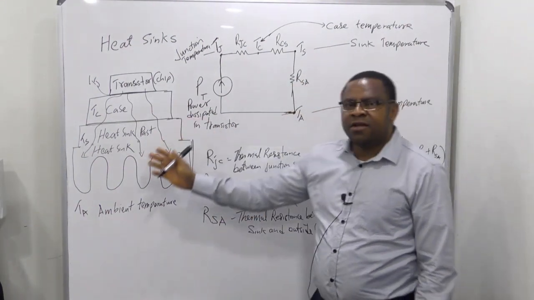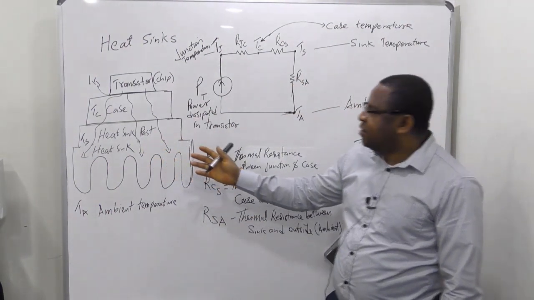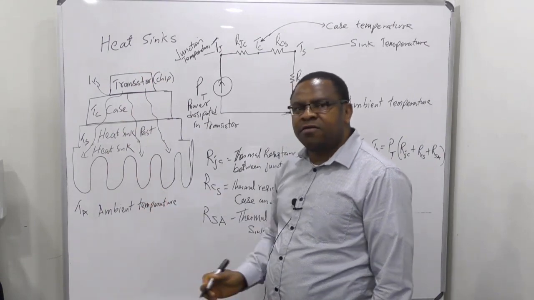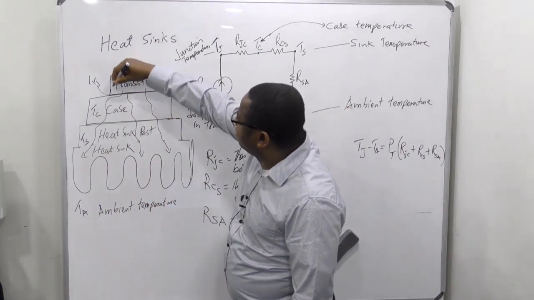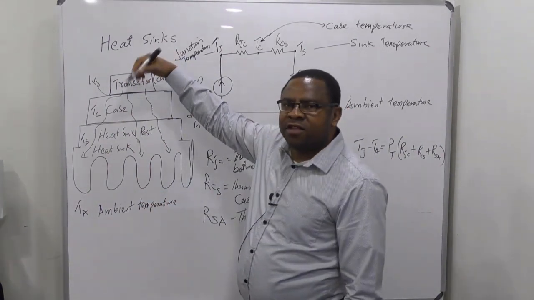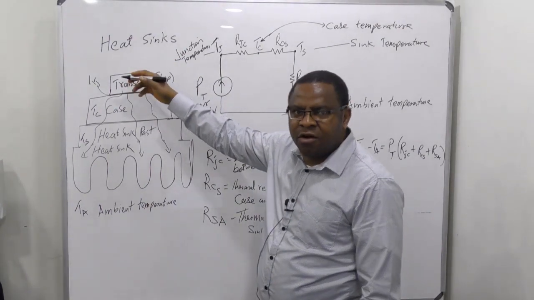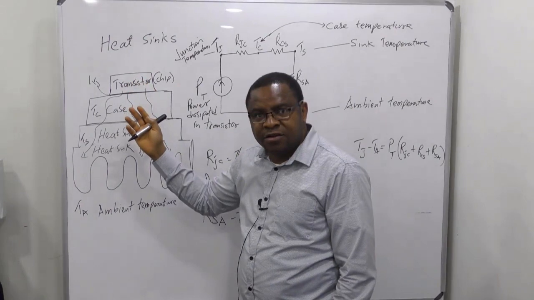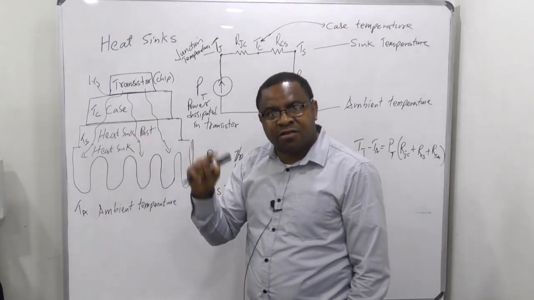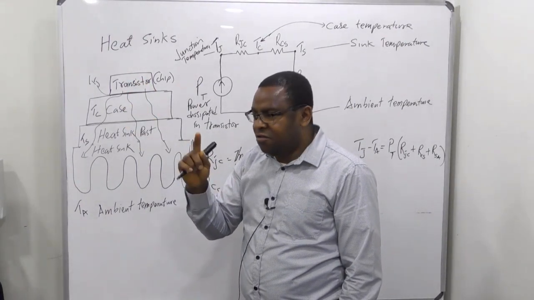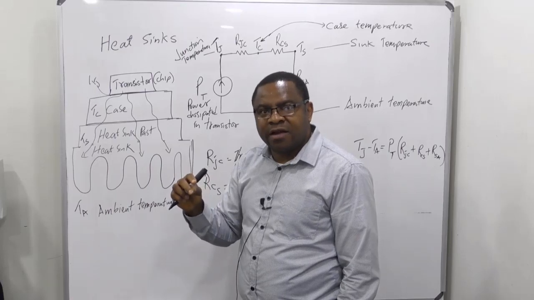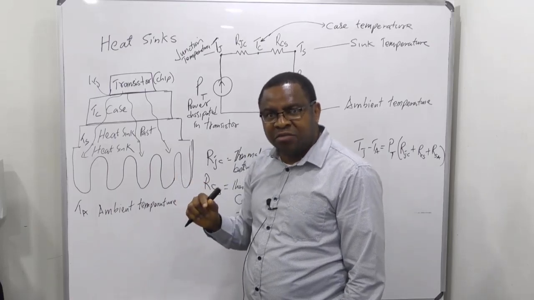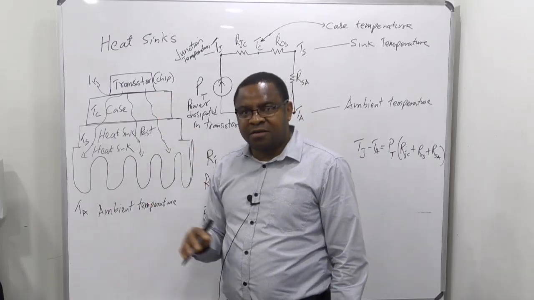what we have here is just a schematic, all right, to show the sections of the heat sink. Let's say this is our transistor, or thyristor, or IGBT, or microchip, and this generates heat. Remember, a transistor is a switch. As the thing is switching on and off, there's always heat being generated, and we need to dissipate the heat.